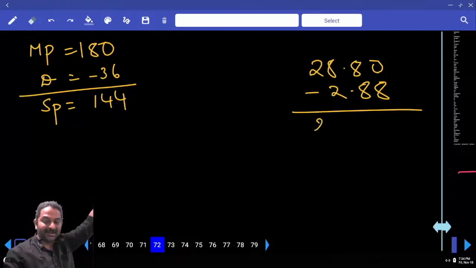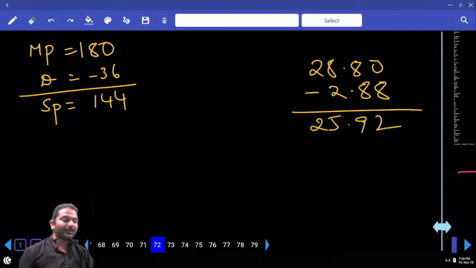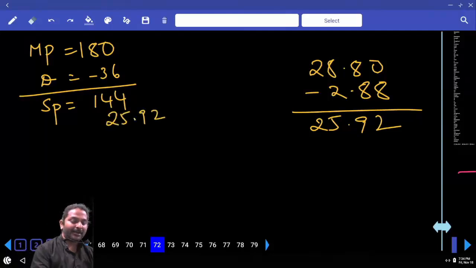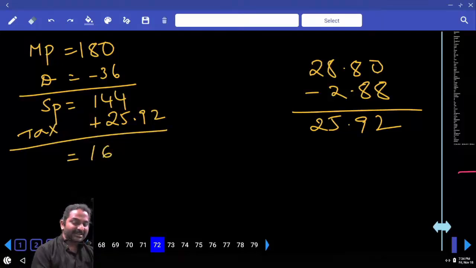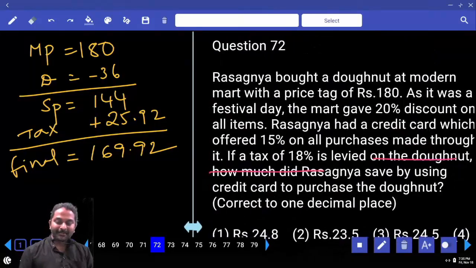Subtracting 3 gives 25, adding 0.12 gives 25.92. This is the tax, right? Okay. Then the value becomes 169.92. This is the final price that you are supposed to pay. Am I right?